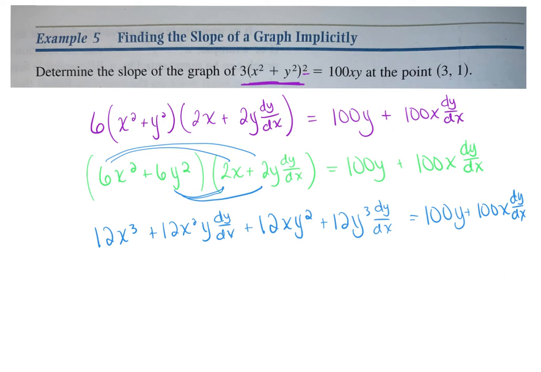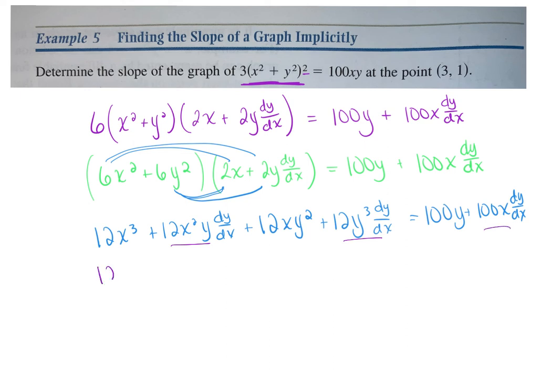So what I want to do is get all my dy dx's over on the left-hand side and all of my non-dy dx's, so to speak, on the right-hand side. The ones I'm going to keep on this side, I'm going to keep this, and I'm going to keep this. So I'm going to move the other ones over, and then I'm going to move this over.